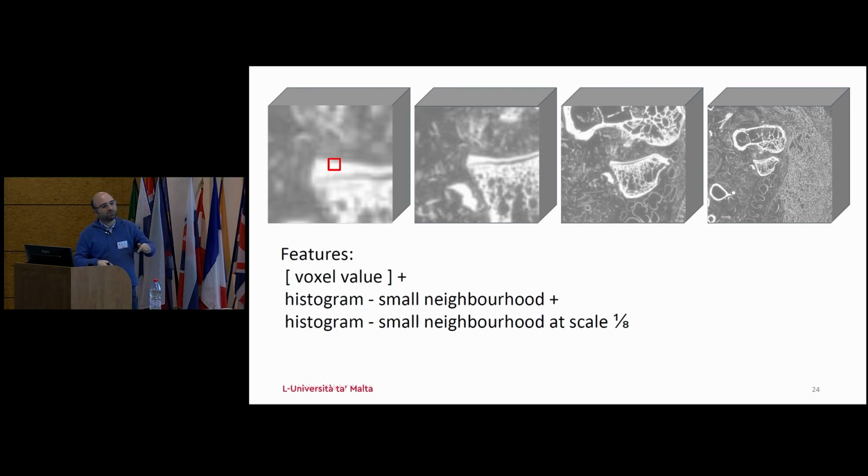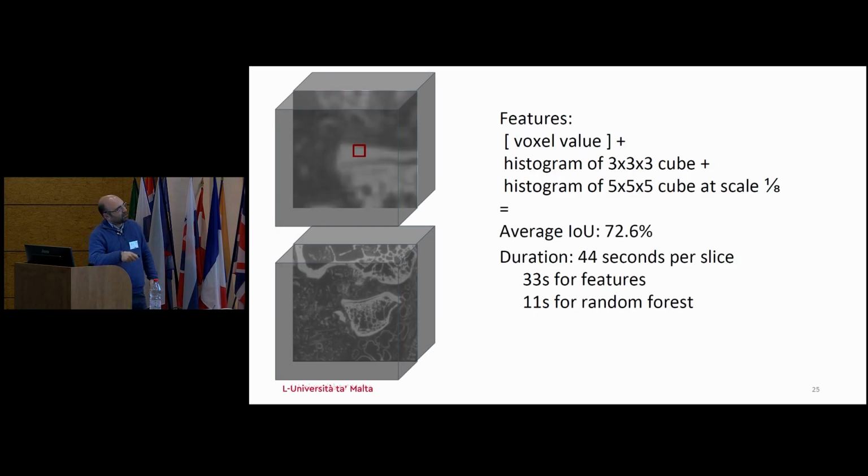In image processing, this is called an image pyramid, and it would help because rather than having to collect a histogram for a large cube, which takes time, you can instead use a small cube in a smaller volume. If you do that, you save some 2 seconds, which is not a lot, but for a lot of slices, that adds up. But you get a reduction in the precision.